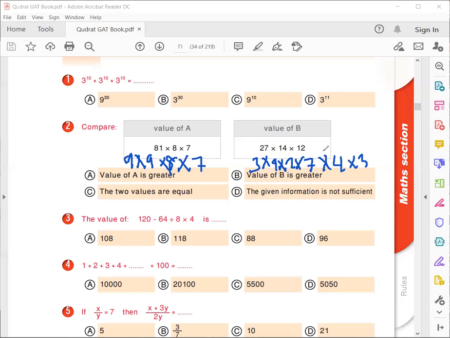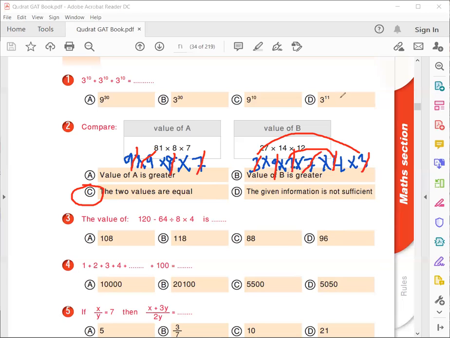Look here, 7 and 7. 9 is 9. 2 times 4 is 8, and here also 8. 3 times 3 is 9, and here also 9. Oh, that's the same. So what is the answer here? The answer is C.